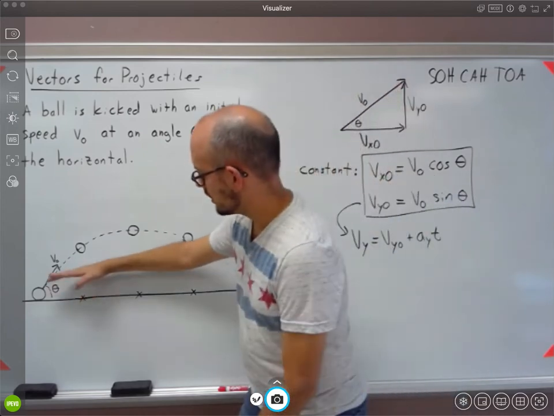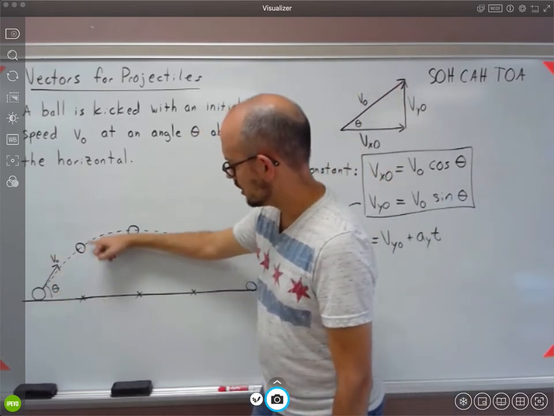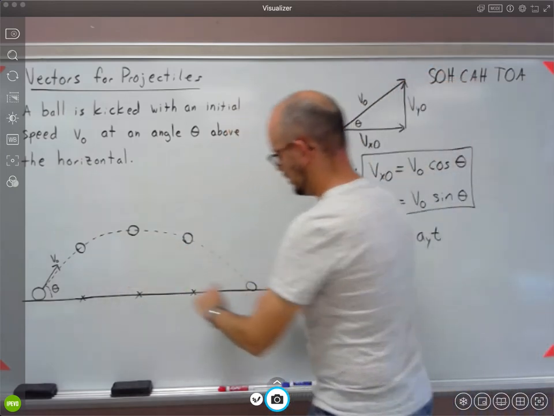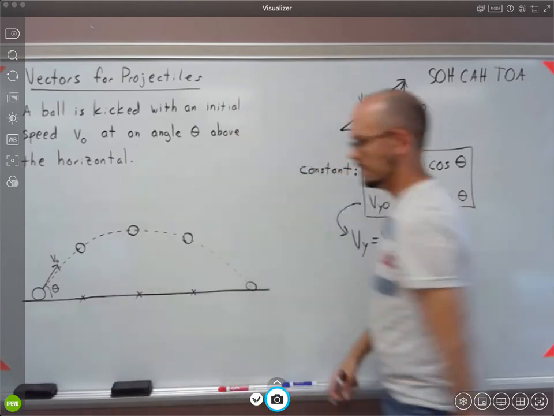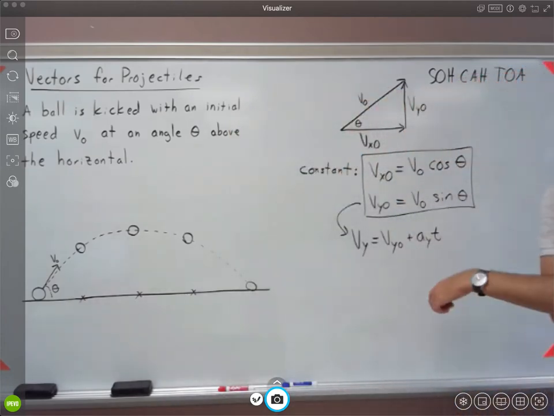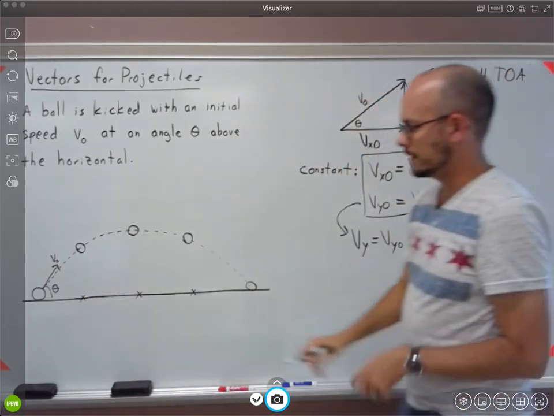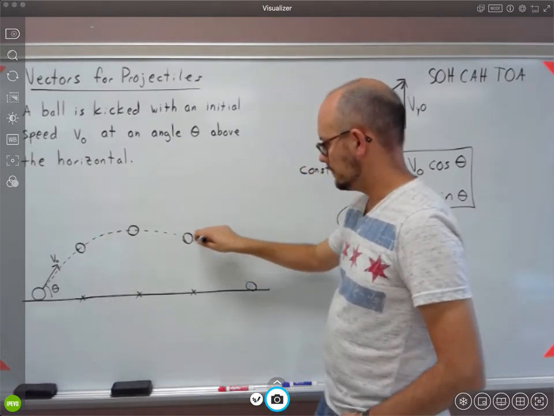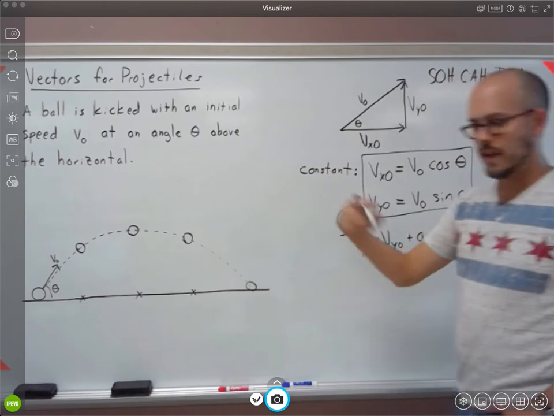Height-wise, these two are far apart, and these two are closer together. These two are the same height-ish, and this one is the same height as that one. So the path is parabolic. It climbs rapidly at first, then has a more shallow trajectory, and then as it falls, it declines faster as it goes.